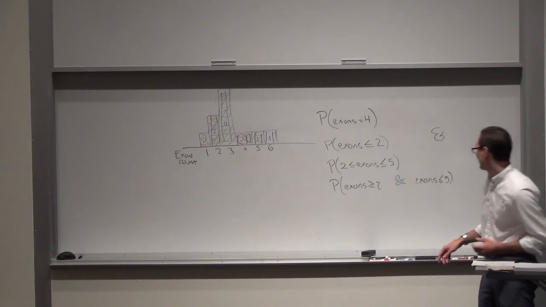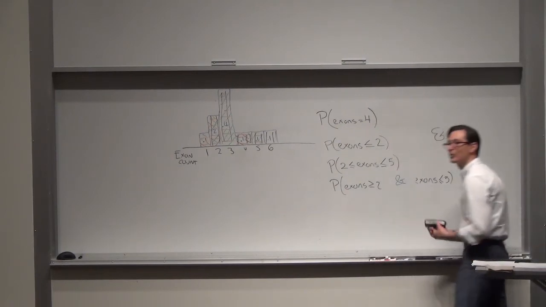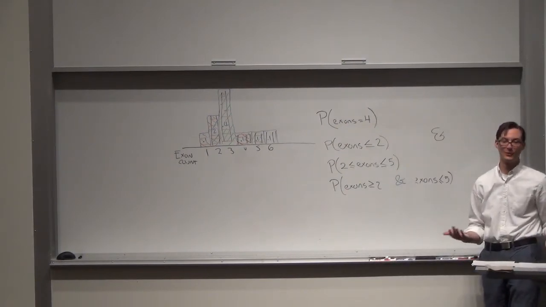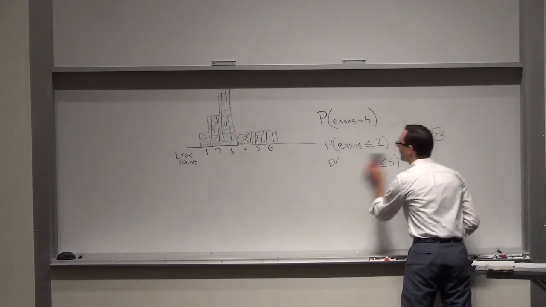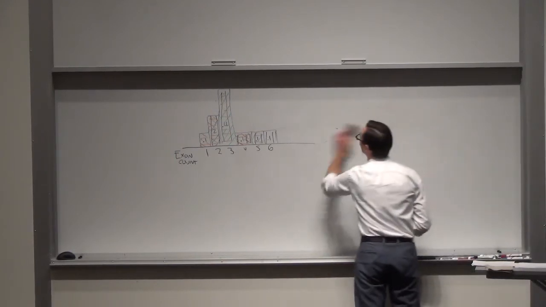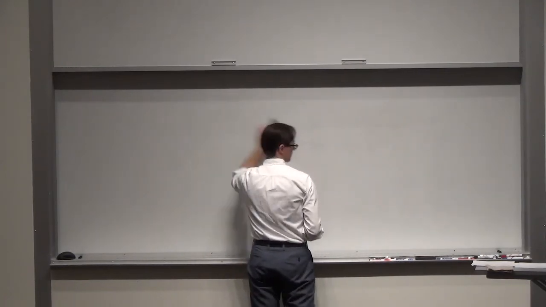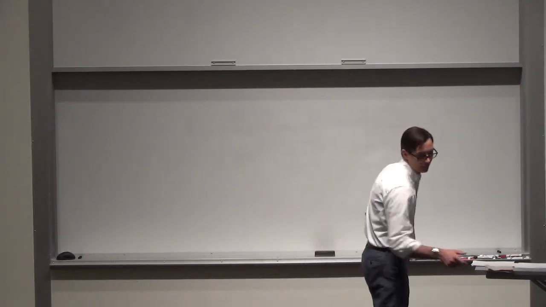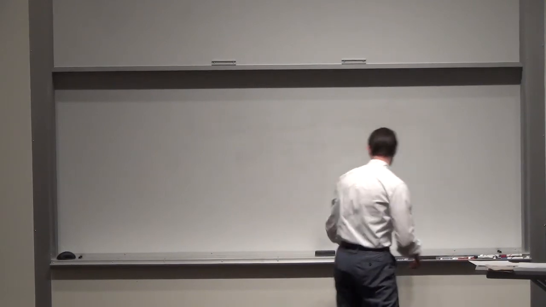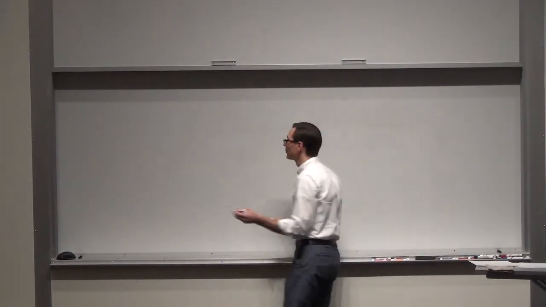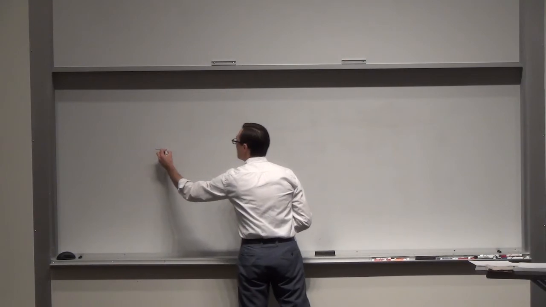Okay, so that was "and." What comes after "and"? "Or." All right, let's talk about "or." Now I have to draw that histogram again because I fouled it up.